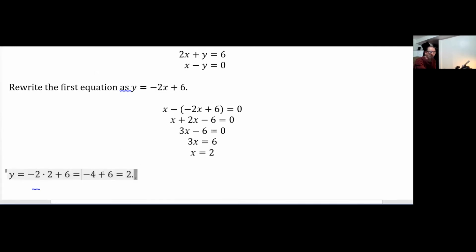By the order of operations, I would multiply first and then add. I get that y is also equal to 2. Therefore, the point that is the solution is (2, 2). And again, we've already seen a check that (2, 2) is the solution to the system at the beginning.